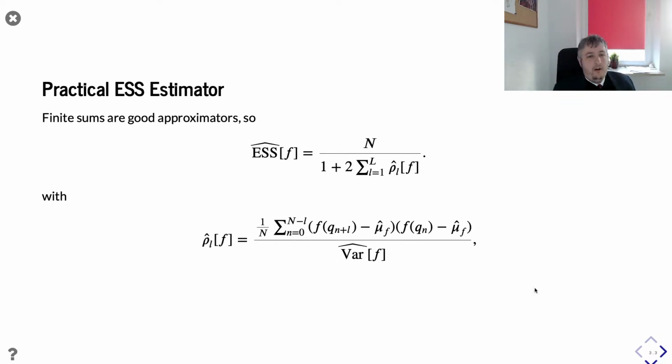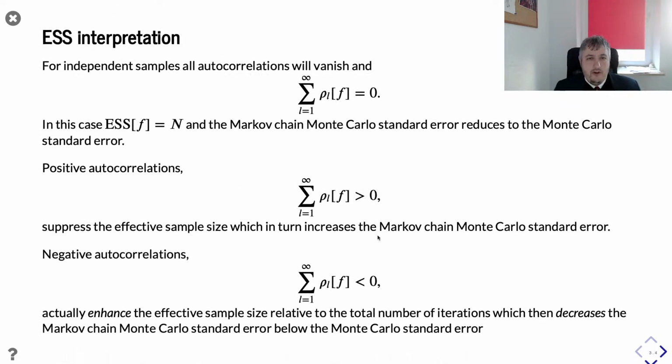Sorry, if we are using estimators of autocorrelations, we can compute the estimator of the effective sample size using the sample variance and finite sums of those autocorrelations.